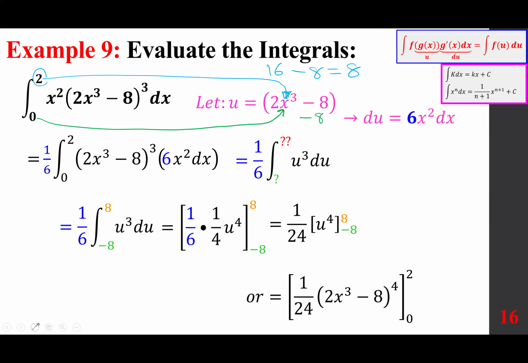Over here, we get 1/24, 8 to the power of 4 minus negative 8 to the power of 4. Now, because the exponent is even, this is the same as 8 to the power of 4.